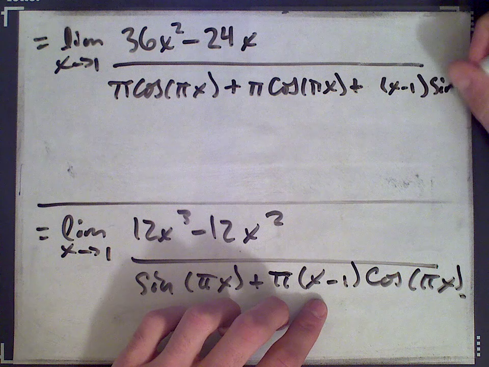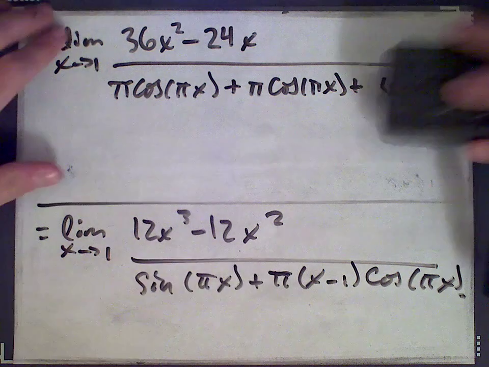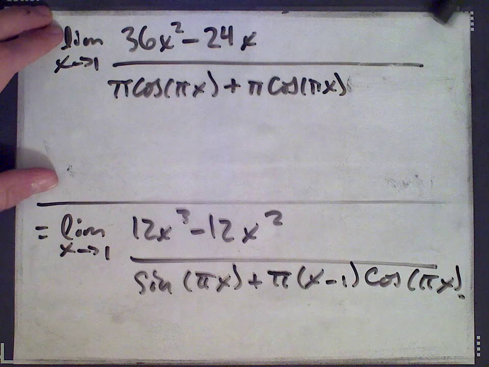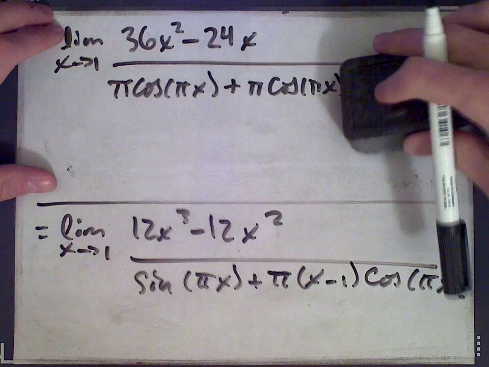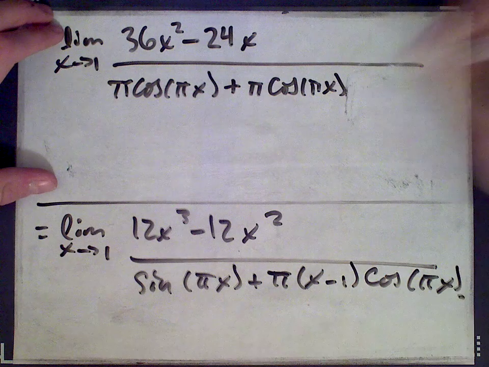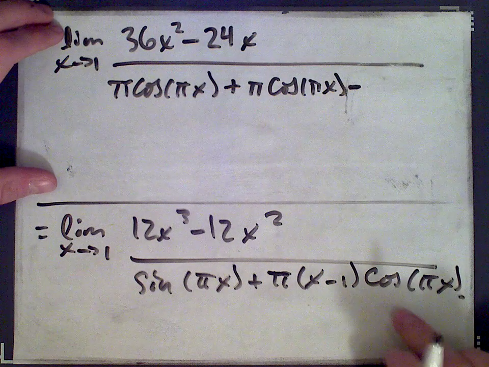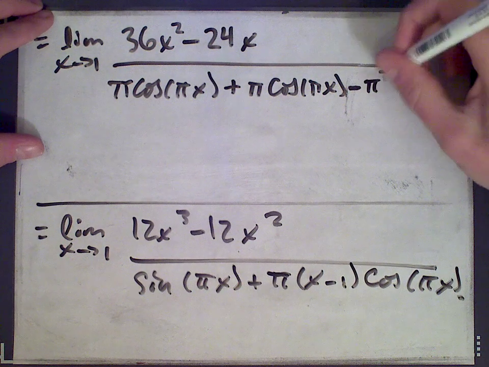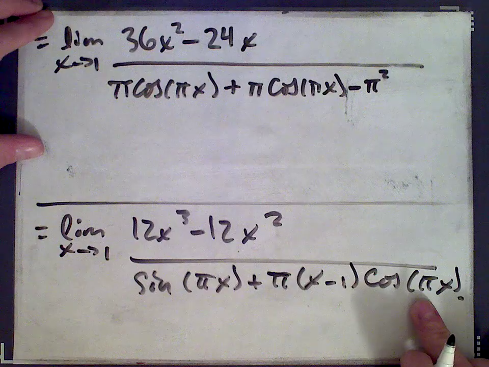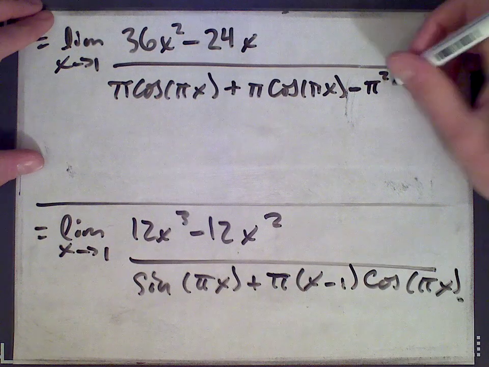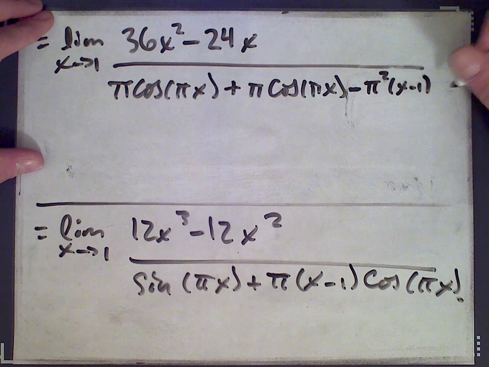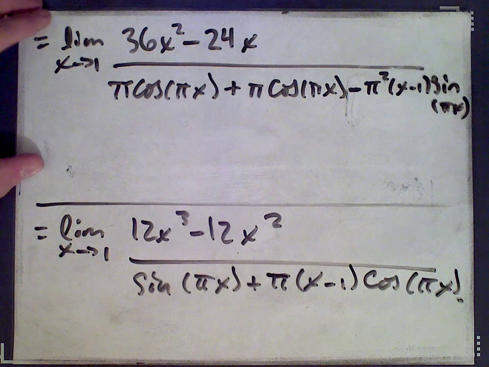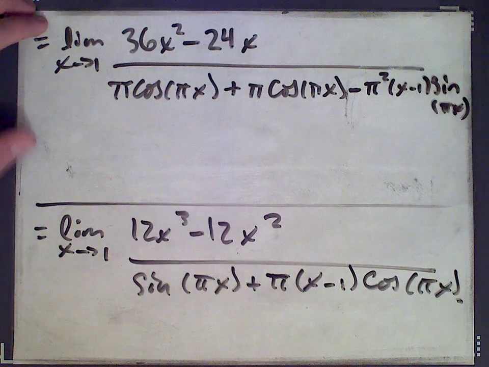So cos goes to negative sine of pi x, and I'll just write out what you get: minus pi squared, where the extra factor of pi comes from taking the derivative of what's inside cosine, times (x minus 1) sine of pi x.